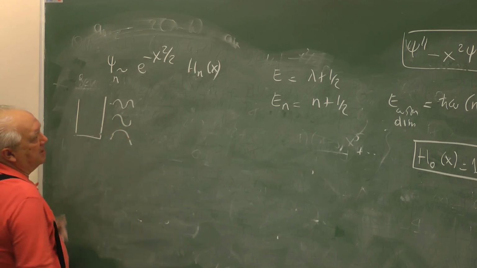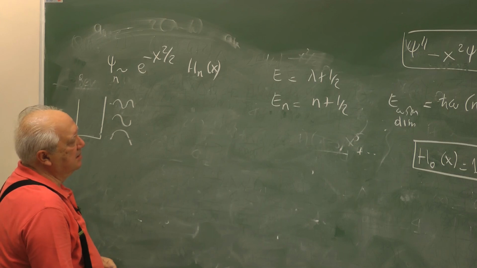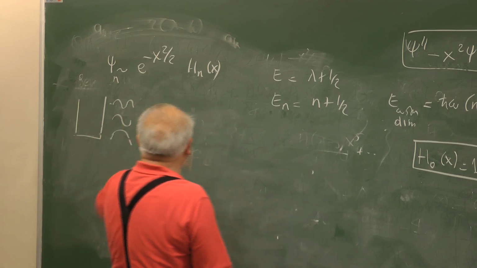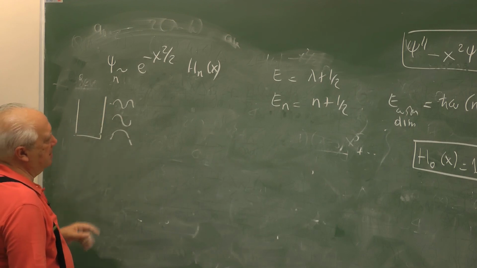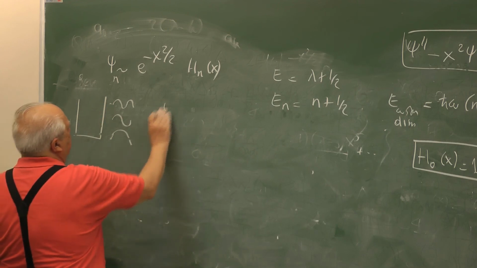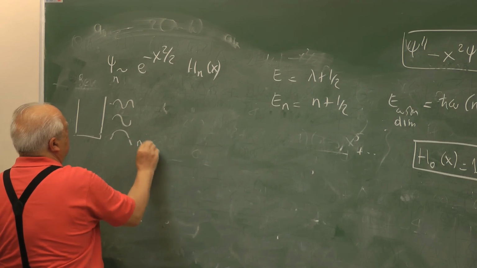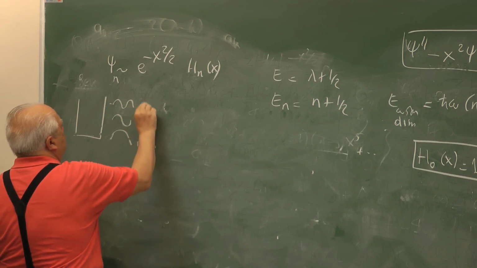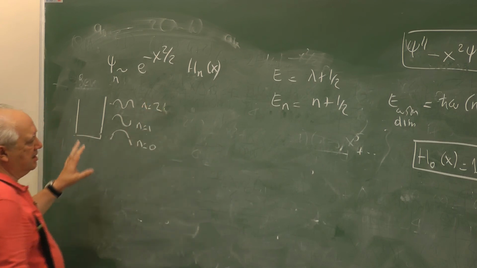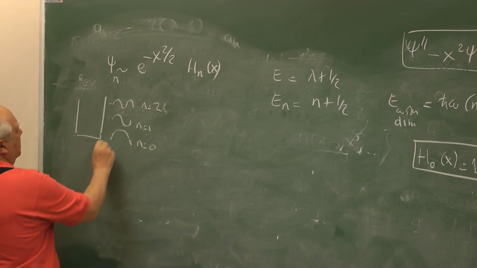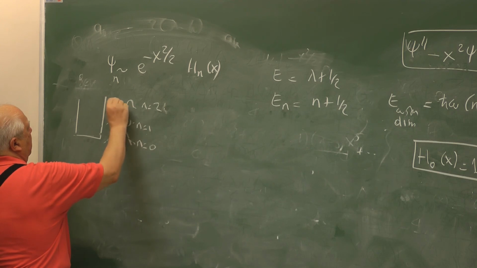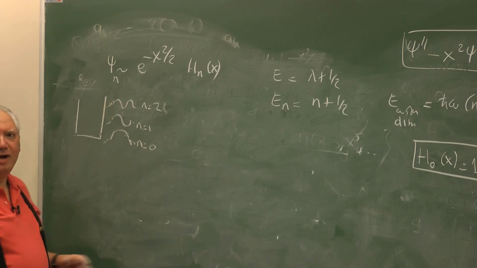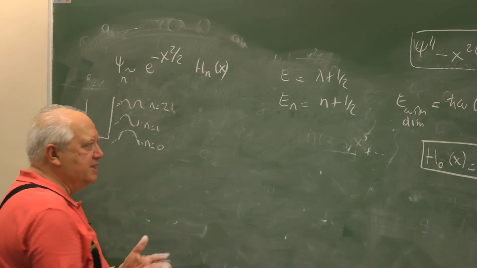They will taper off as e to the minus x squared indicates. But what about this structure? Let us see. So psi 0, which is this one, n equals 0, n equals 1, n equals 2. Let's see if we are getting this sort of structure. Are we getting what we were expecting?